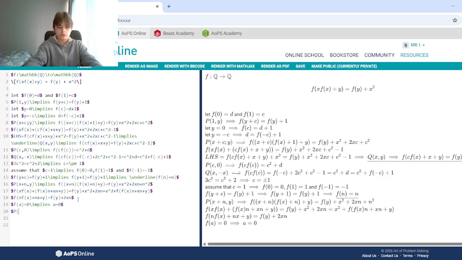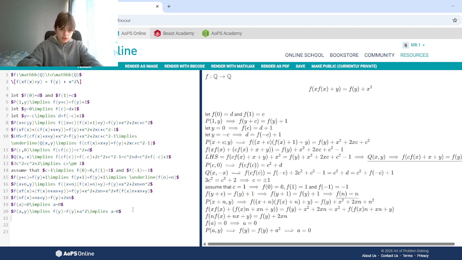To prove this, we put a and y into the original equation, and we know that this is equal to f(y) because this term is 0, and f(y) is equal to f(y) plus a squared, which implies that a squared is 0, so a is equal to 0.